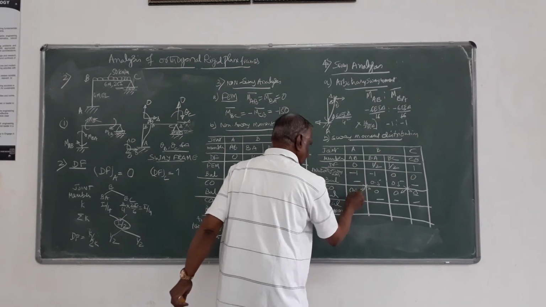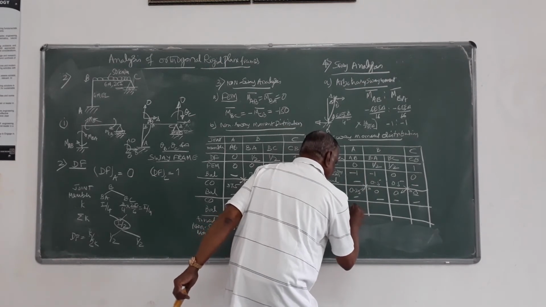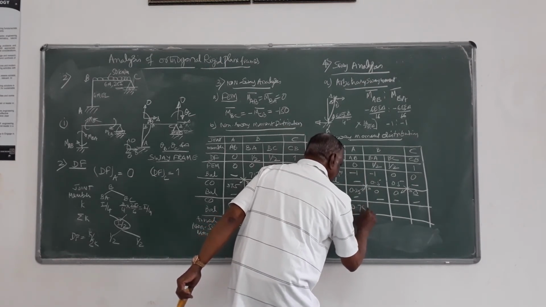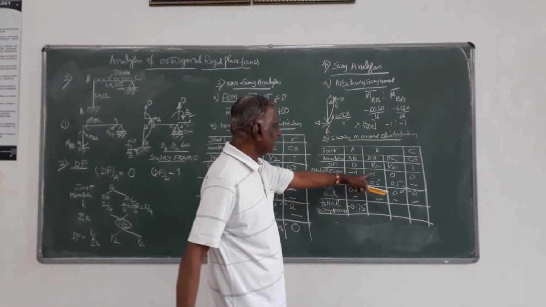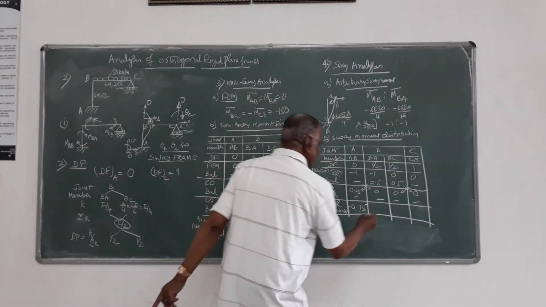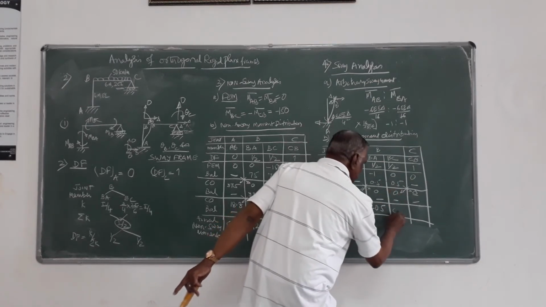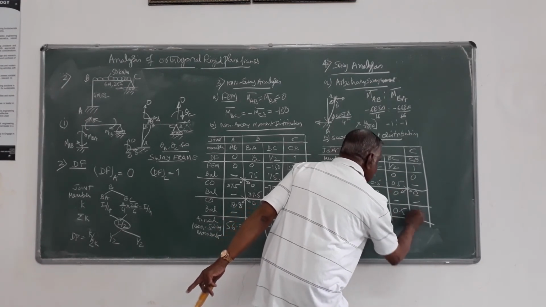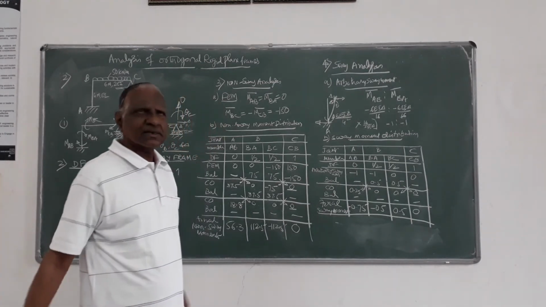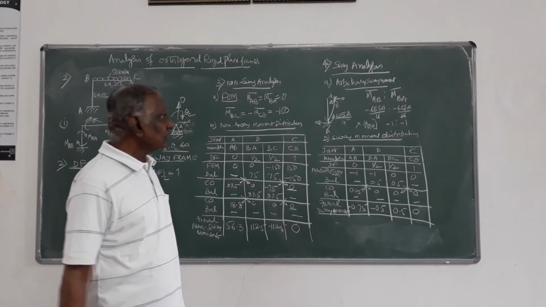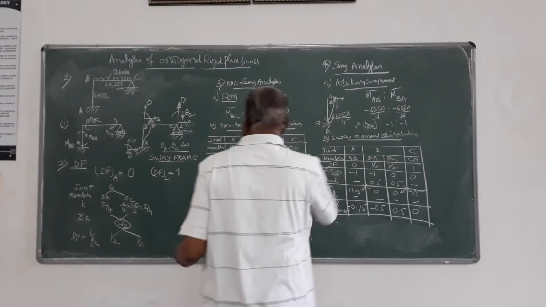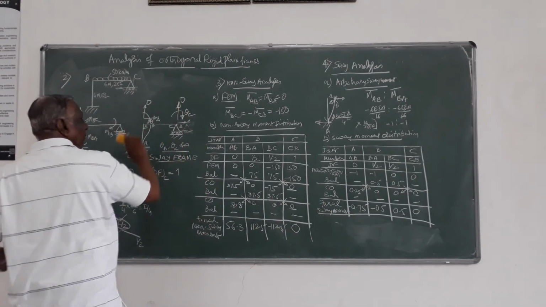Here it is minus 1 plus 0.25, it is minus 0.75. Here it is minus 0.5. Here it is plus 0.5. Here it is 0. That's all. Right? Now, fifth step, final moment.